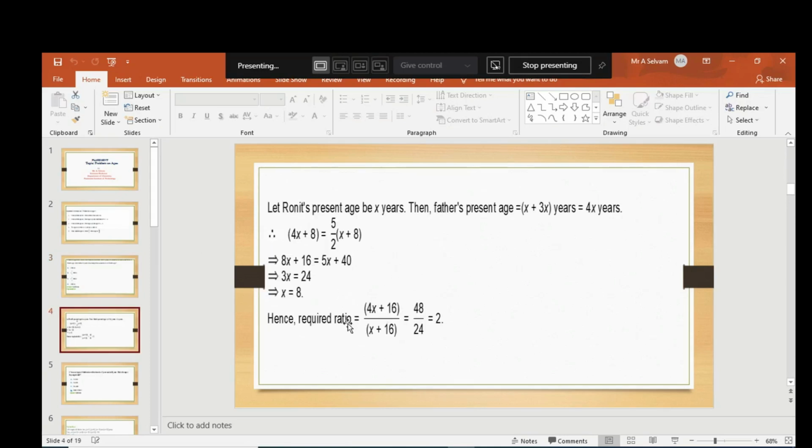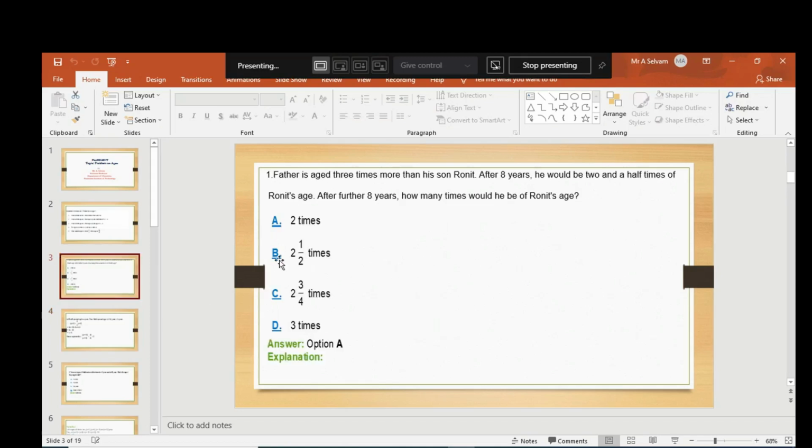So 4x plus 16, divided by son's age, Ronit's age x plus 16. Now the x value we know: x equals 8. So 4 into 8 is 32 plus 16, so 48. Likewise, 8 plus 16 means 24. So 48 by 24 equals 2. So 2 is the answer for this. Option A is the answer.